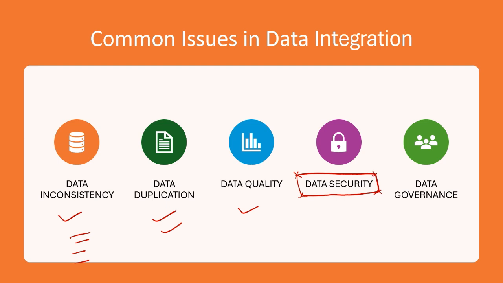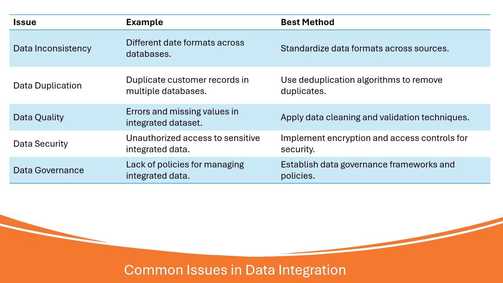Lastly, data governance. Looking at the policy: who is going to have access to this data, how we are merging this data, what is the expiry on the data, and when is the deletion. There is a huge area to be covered in data governance that goes towards data stewardship. We don't go into that much detail, as it is part of data integration. So how can we address some of this?